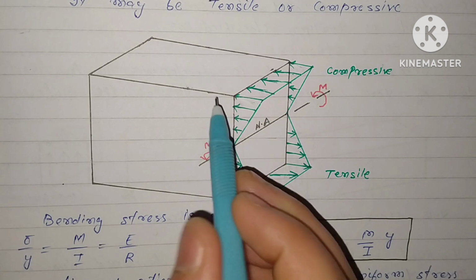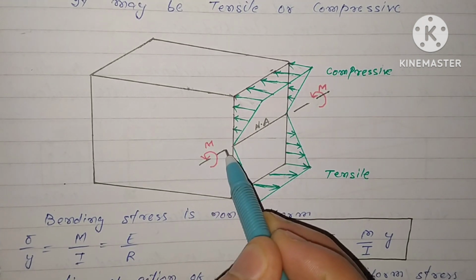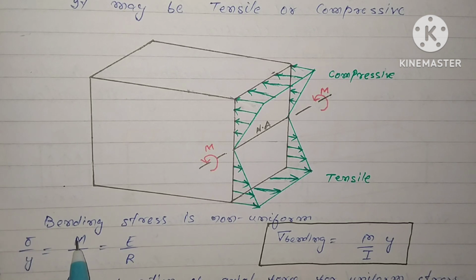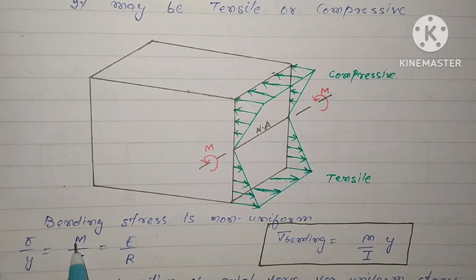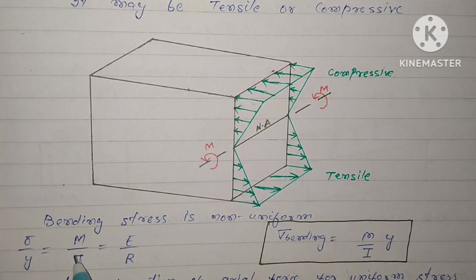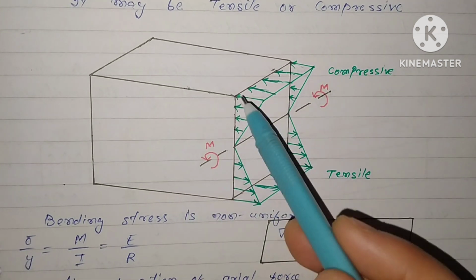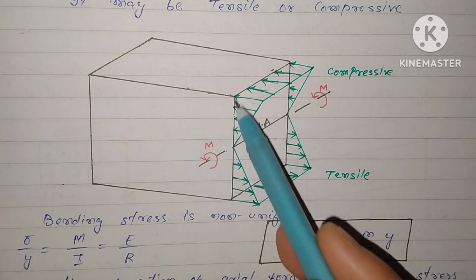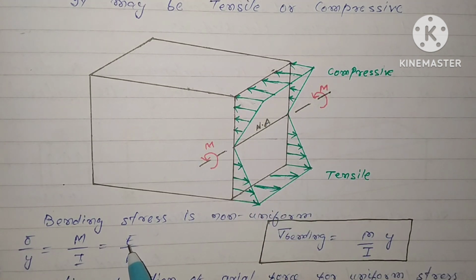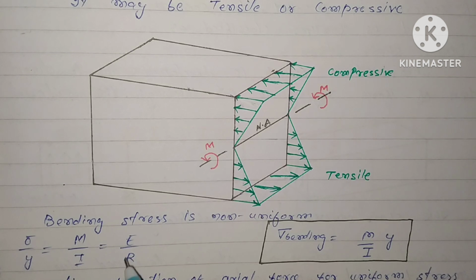M is the applied moment, that is this loading, and I is the moment of inertia of the section. If the section is rectangular, the moment of inertia will be bd³/12, E is the modulus of elasticity of the material, and R is the radius of curvature.